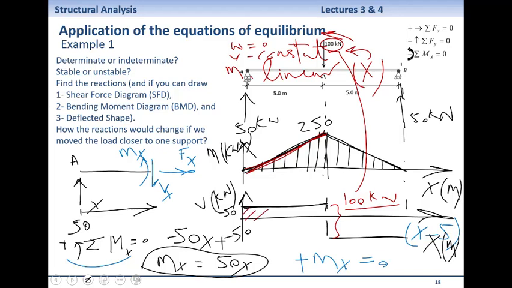This area, you agree? If I integrate a function, it gives me the area underneath the function. From maths, you know that. Can someone calculate that area for me? 50 times 5, which is 250. How much has the bending moment changed from A to the midpoint?